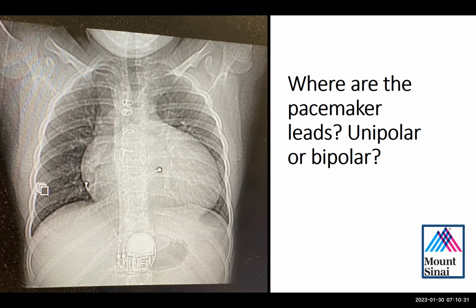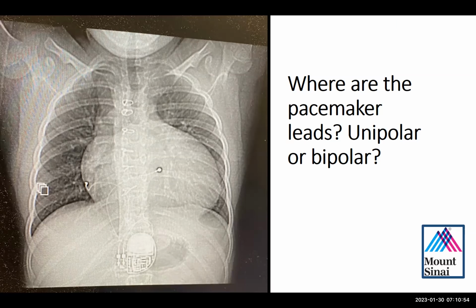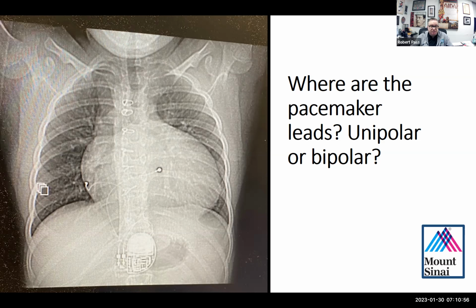So with bipolar, you would have a much higher surface of stimulation or contact? Contact is usually about the same, I would say. The main issue is sensing.